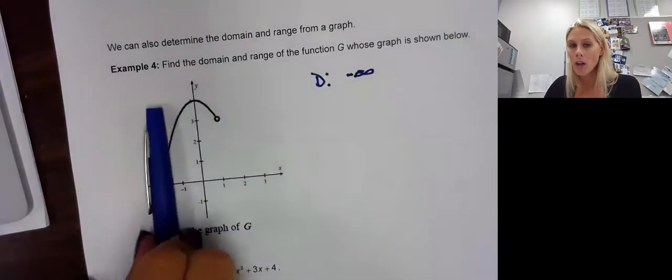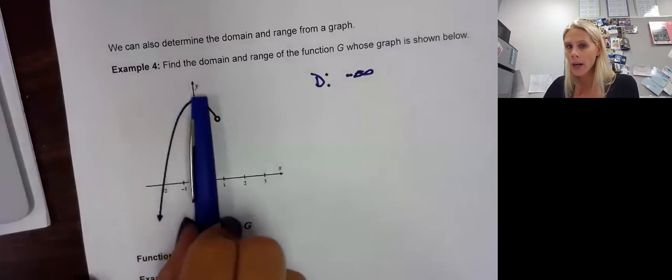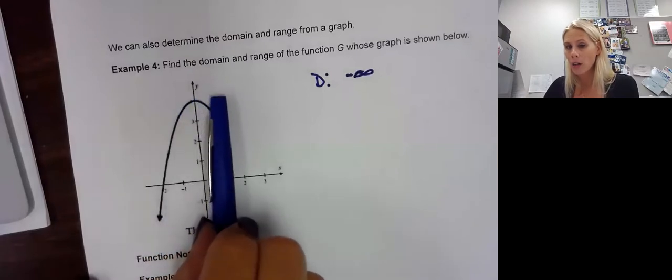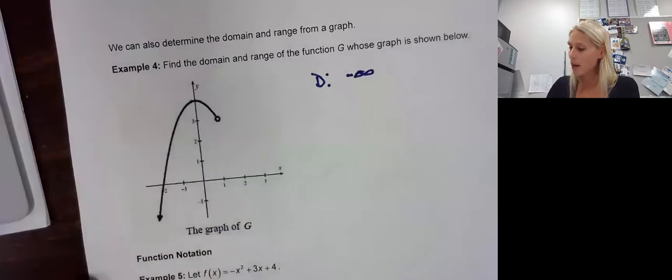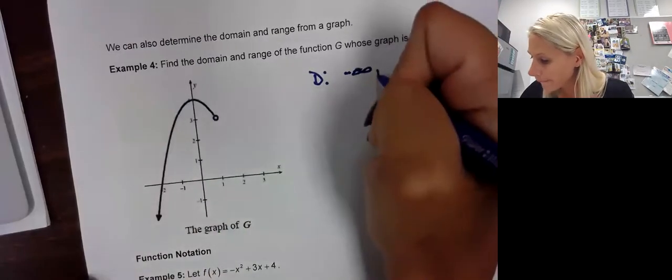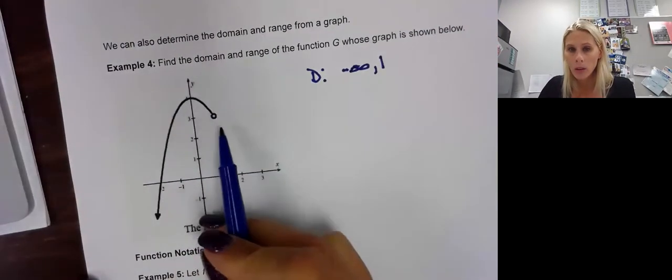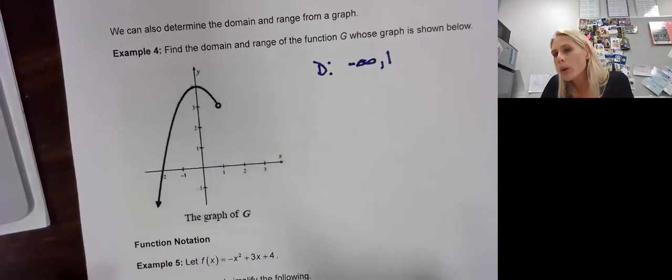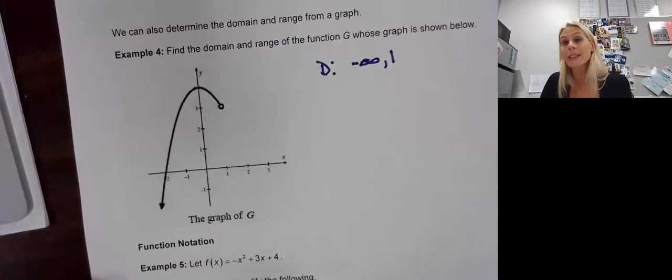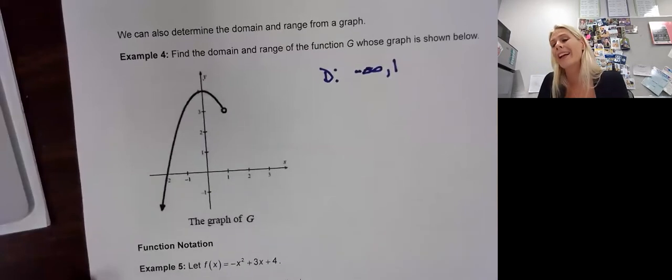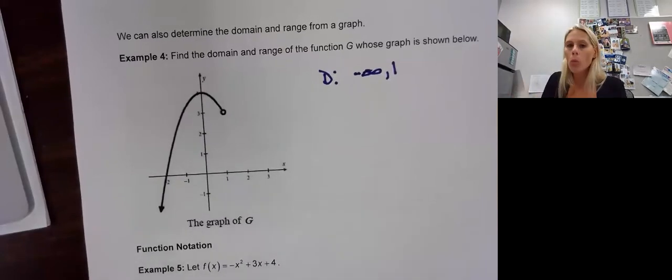Now, if I go right, where is that last spot of our graph? That last spot is at 1, okay, in that hole, right? We can't say 1.9 or 0.9 because it could be 0.99, it could be 0.9999, so 1 is our best bet.